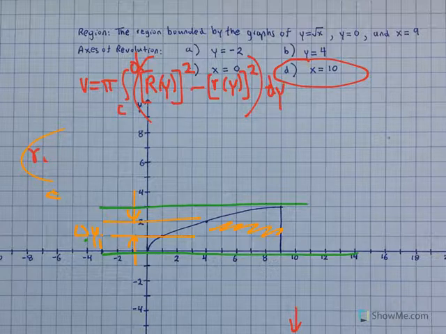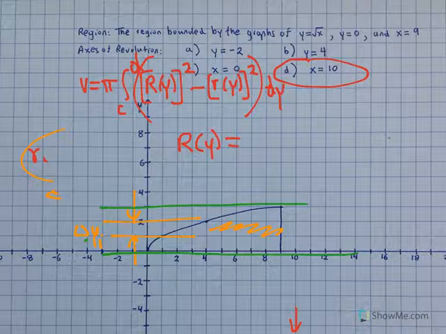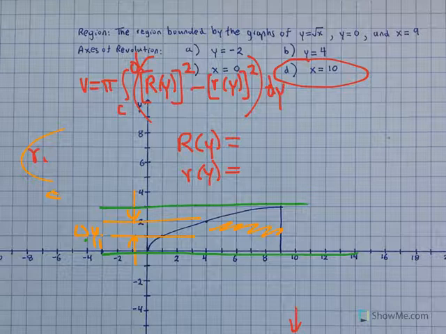Because we're integrating with respect to y, the integrand must be a function of y, and we need something for the outer radius of each washer, uppercase R of y. We need a function of y for that, and a function of y for the inside radius, the distance from the axis of revolution to the inside edge of each washer.